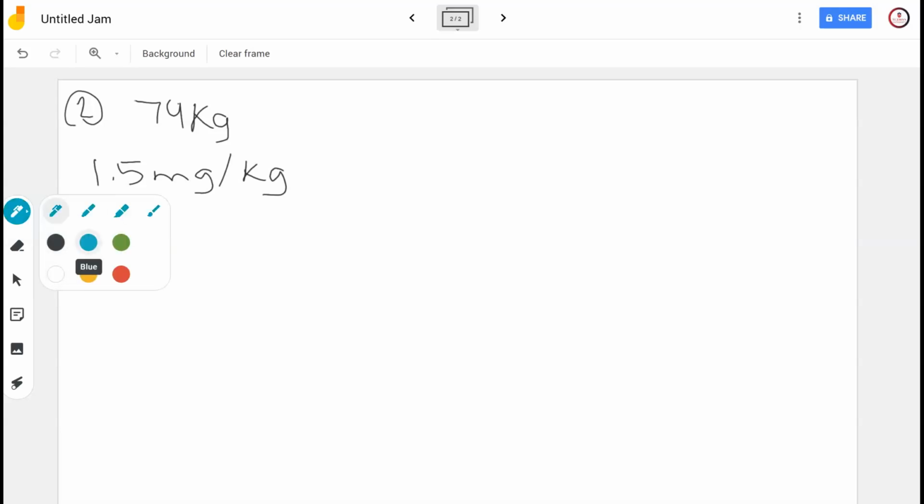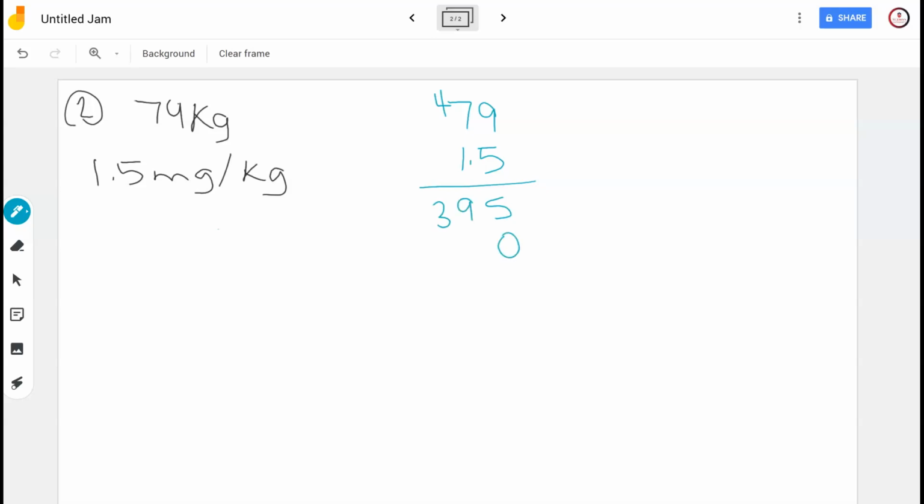So that's your first step, which is going to be multiplying 79 and 1.5 to get your desired dose. So that's 45, 35, 39, 9, 7, 18, 11. You have one decimal point, so you're going to move it over 1. So your required dose is 118.5 milligrams.